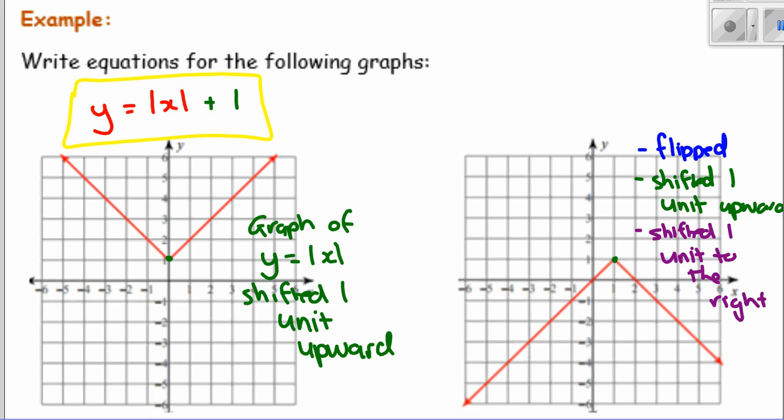Y equals, because it's flipped, we've got the negative and absolute value of x. And it's shifted 1 unit to the right. So that's in the positive x direction. So we should have minus 1 here, because remember, for the horizontal it's always the opposite. And because it's shifted 1 unit upwards, we've got a plus 1 at the end.